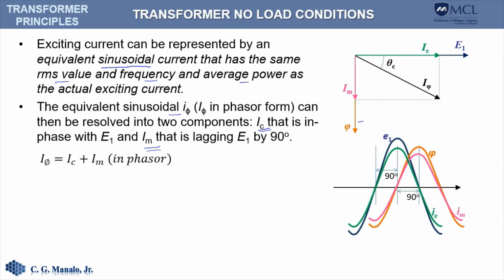Therefore, we can show the exciting current as a phasor that is lagging the applied voltage. So take note that this is approximately equal to the applied voltage. It is lagging that voltage by an angle theta sub c, but leading the flux phi.